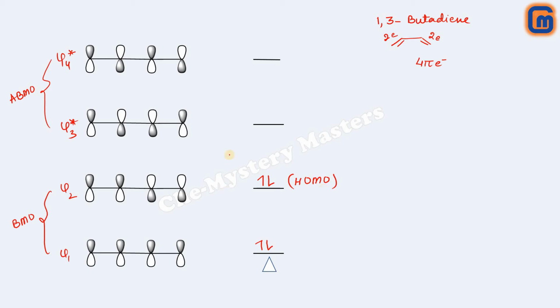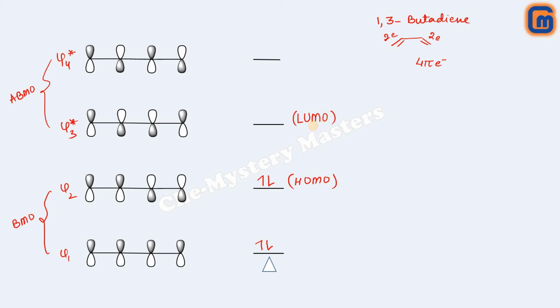While if you talk about the next 2, that is psi3 star and psi4 star, both are unoccupied molecular orbitals. Out of them, the lower one is this. This is your lowest unoccupied molecular orbital.